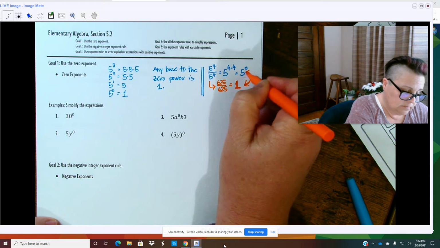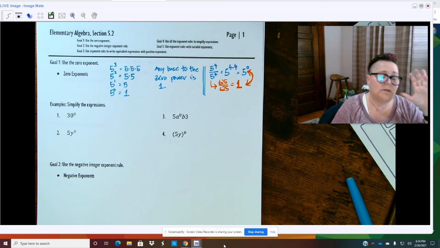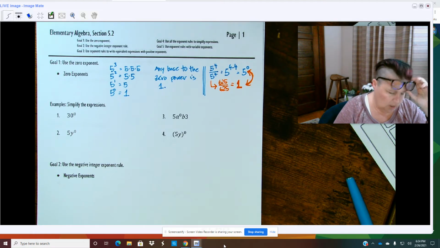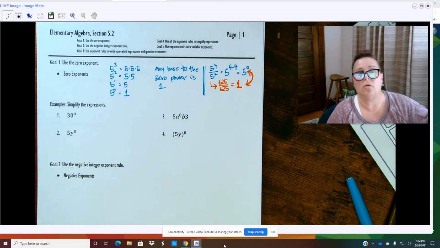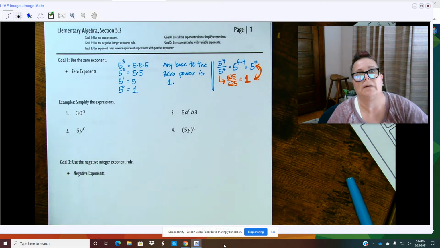These are equal. I can tell you that once I learned this, I looked for 0 powers everywhere, because it makes working with these polynomials and monomials so much easier.